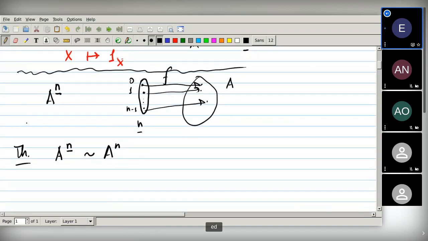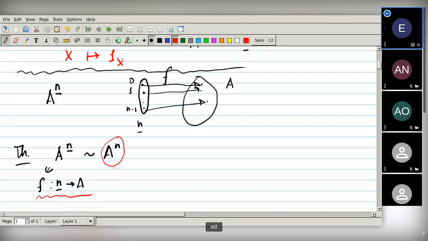It means if you have a function, if f is an element of this set, that means that f is a function from n underlined to A. Every such function can be encoded by a tuple. So here live the functions of this form from n underlined to A. I hope it is quite clear.